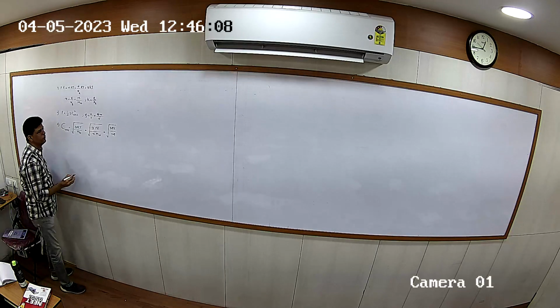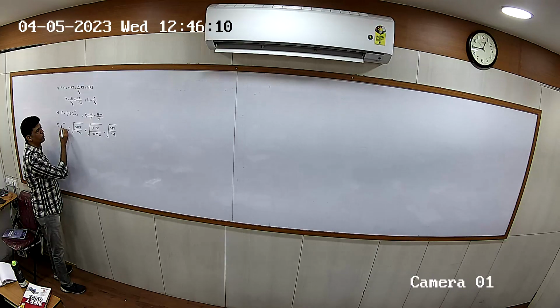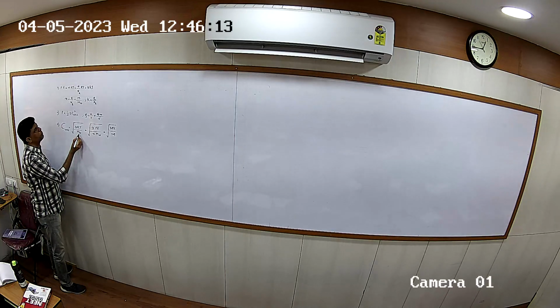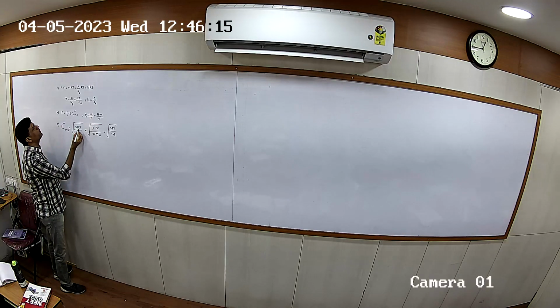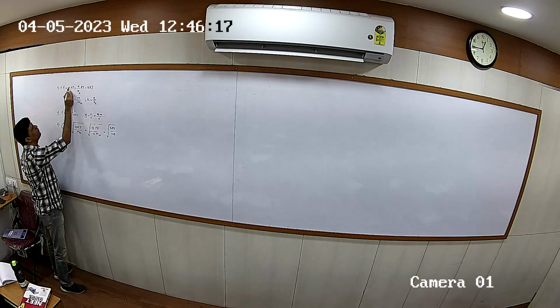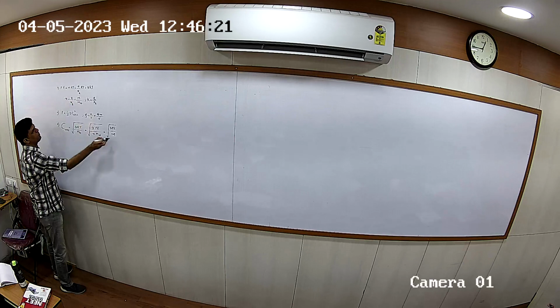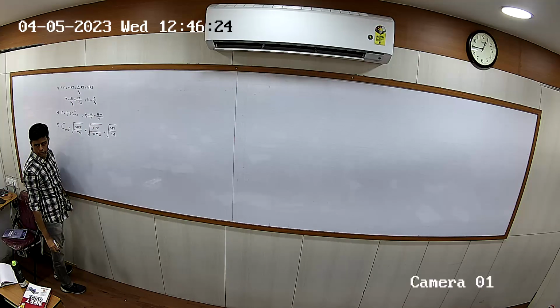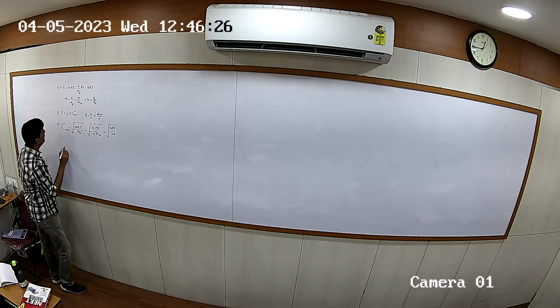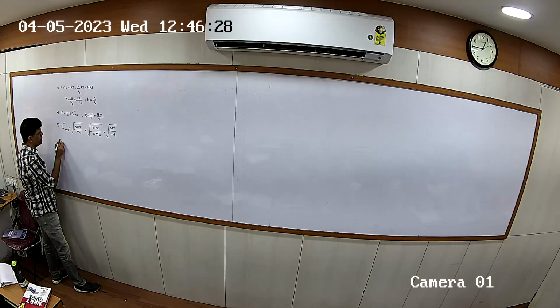Okay? You have understood this calculation or not? Yes. PV equal to nRT, so RT I will write as PV upon n, and n into MW is capital M, mass of the gas. Correct? After that, this was the RMS velocity.